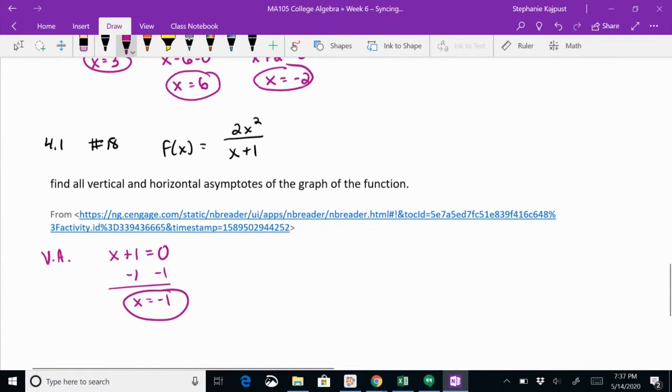The horizontal asymptote is where things get a little more complicated, because in this case, the top is a quadratic, which is degree 2, and the bottom is a linear, which is degree 1.